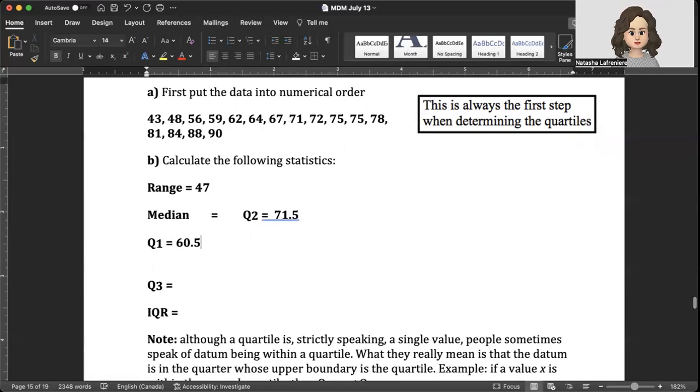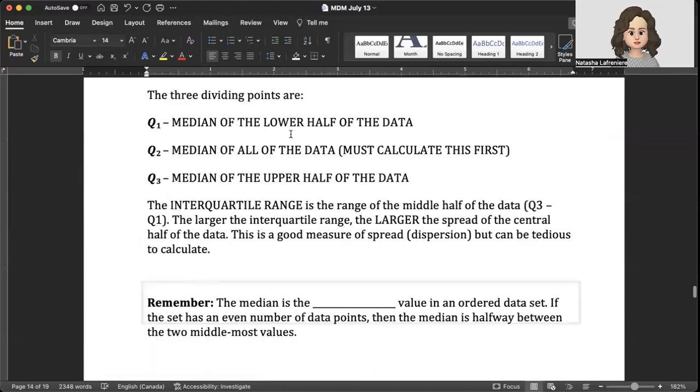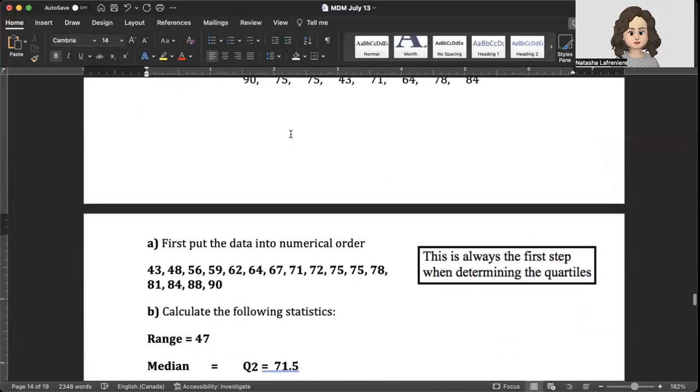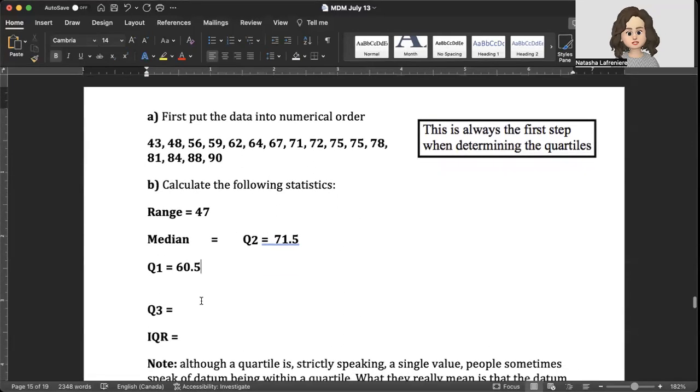And so your Q1 is 60.5. If you look at Q1, that is the median of the lower half. So you're looking at the numbers between 43 and 67, and so you're looking at having a median between 59 and 62. And so you do 59 plus 62 divided by 2.